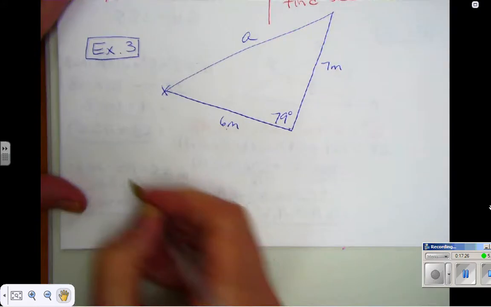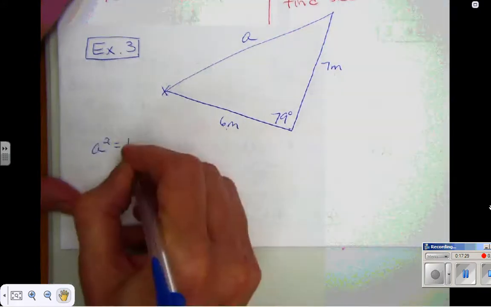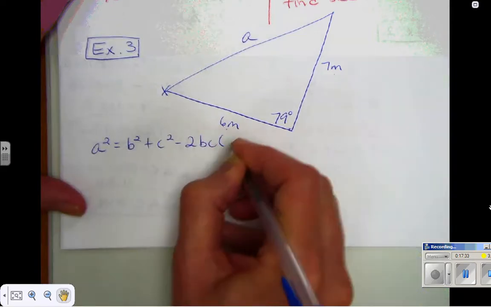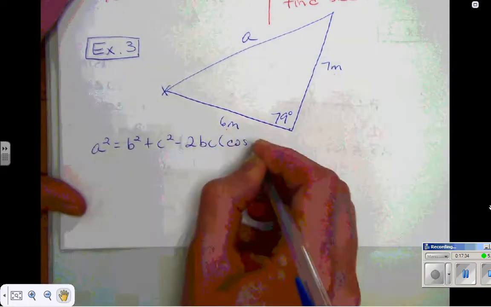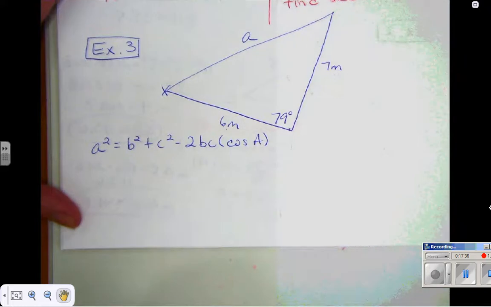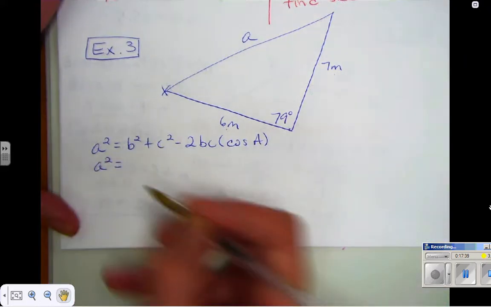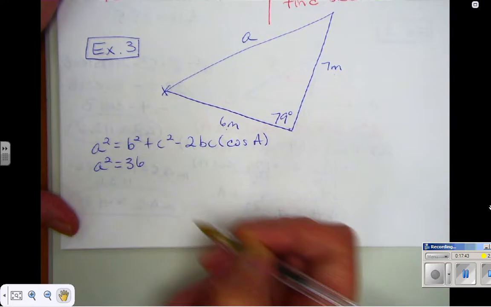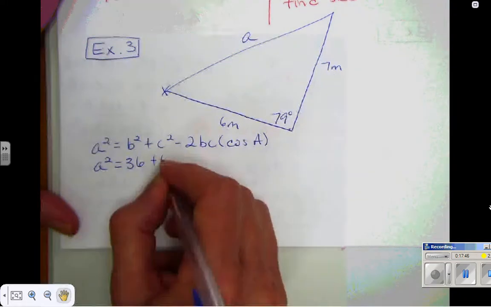So I'm going to use A squared equals B squared plus C squared minus 2 times BC times cosine of angle A. So let's substitute values in. I'm going to make B 6 and C is 7.